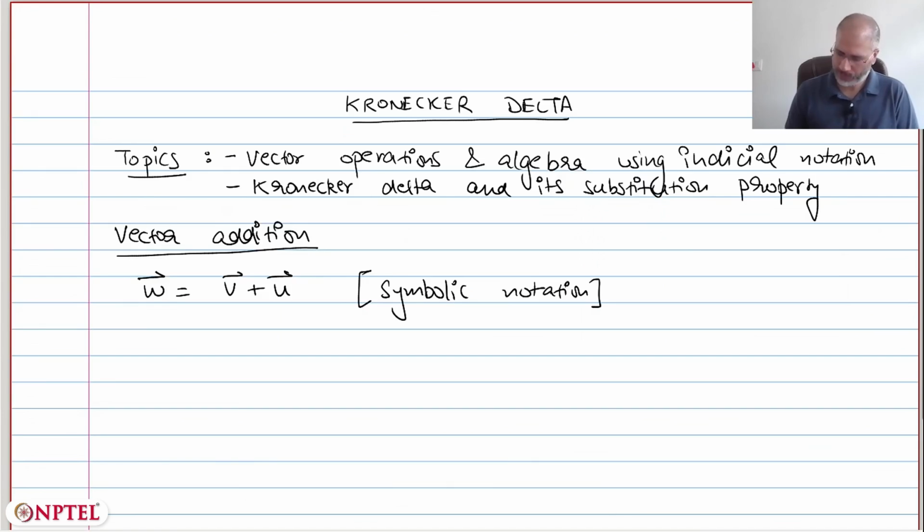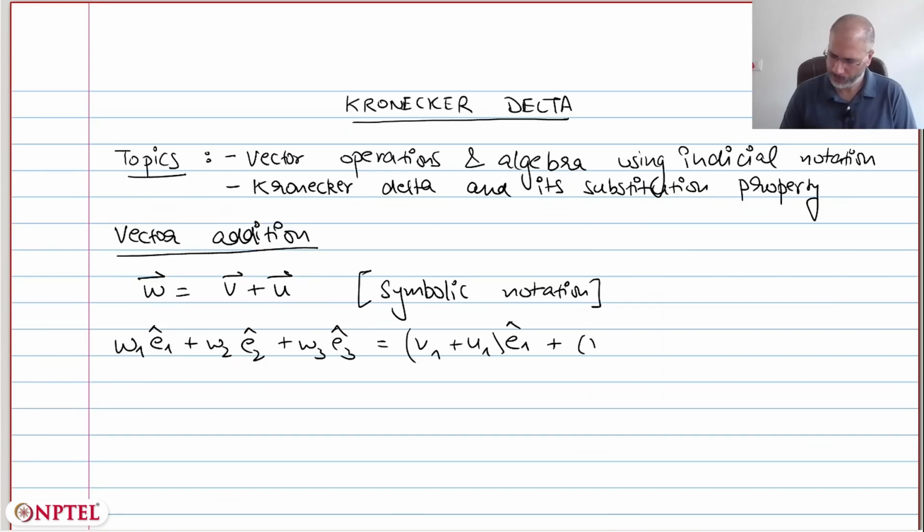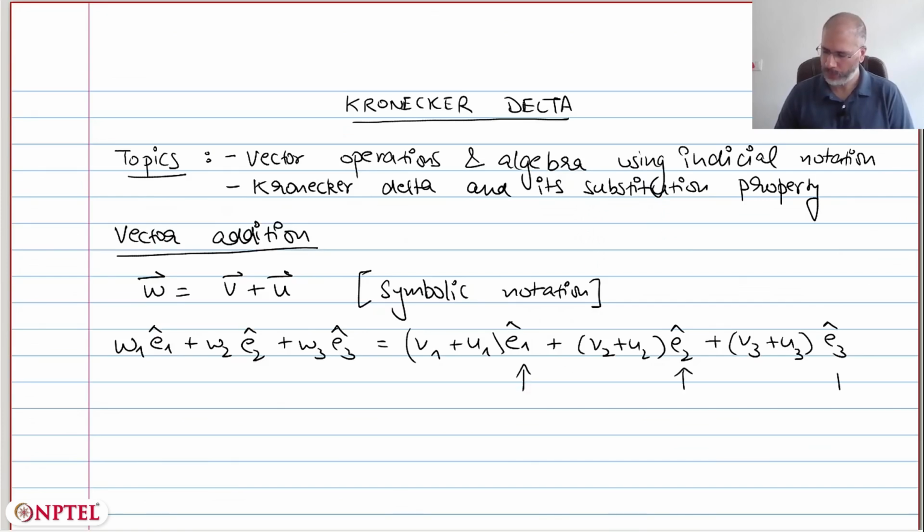So if I expand this, we get this expression. As we know, the basis vectors E1, E2 and E3 are orthonormal, so they're orthogonal, that is they're independent.